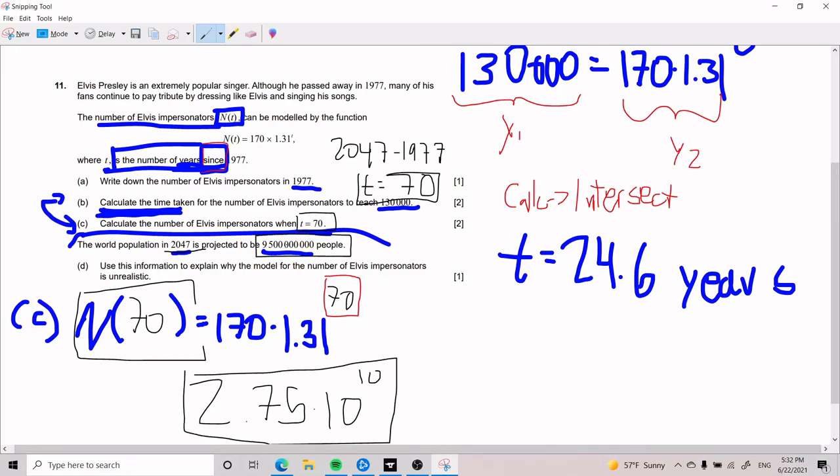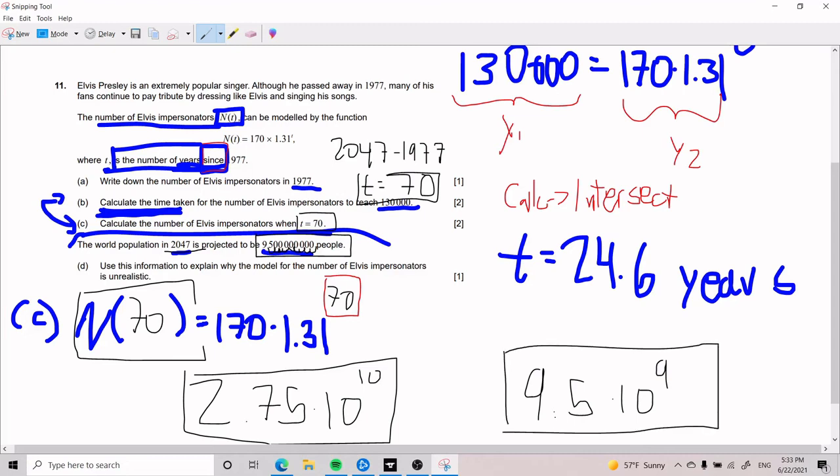And so this number here is just about 9.5 times 10 to the power of 9, okay?